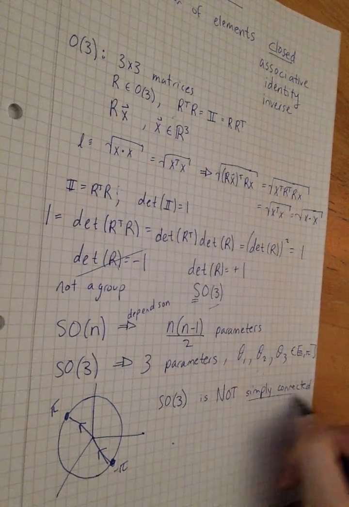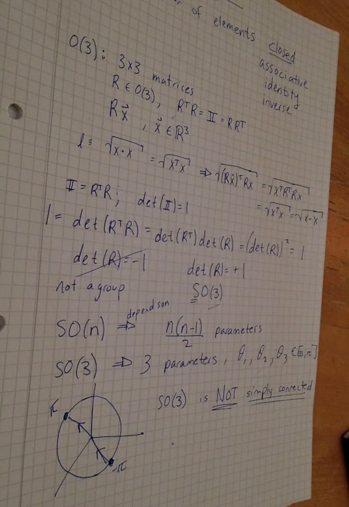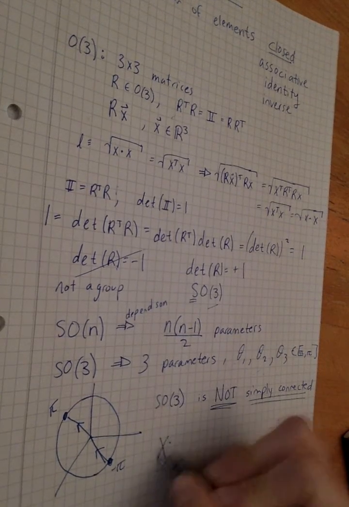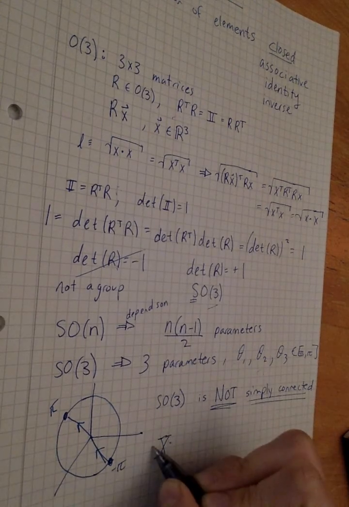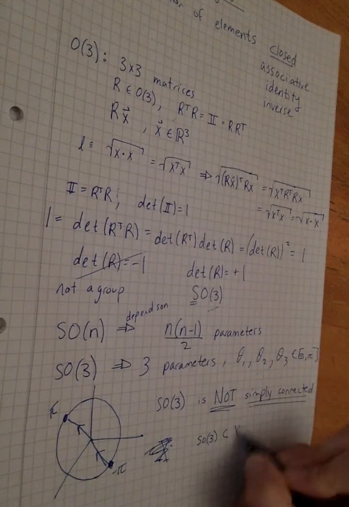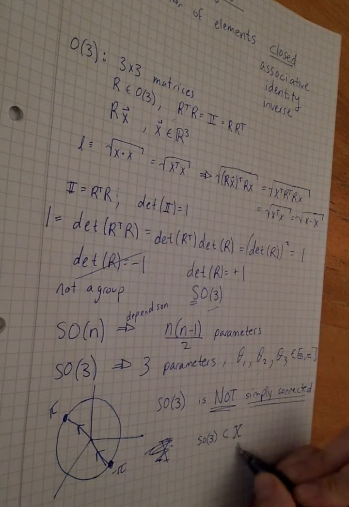Because of this property, because it's not simply connected, that means there exists a larger group such that SO3 is a subset of this larger group, and it is simply connected.